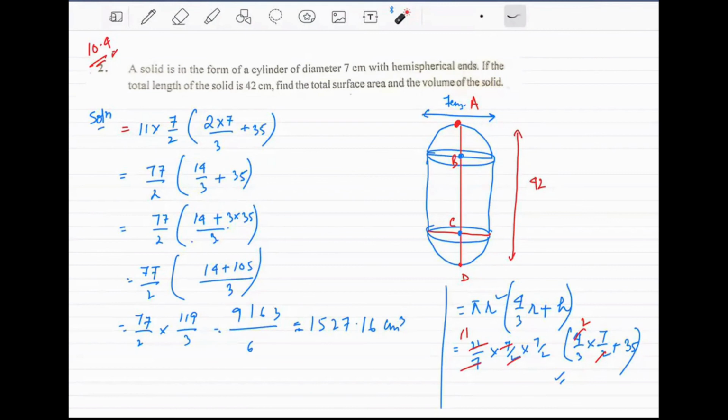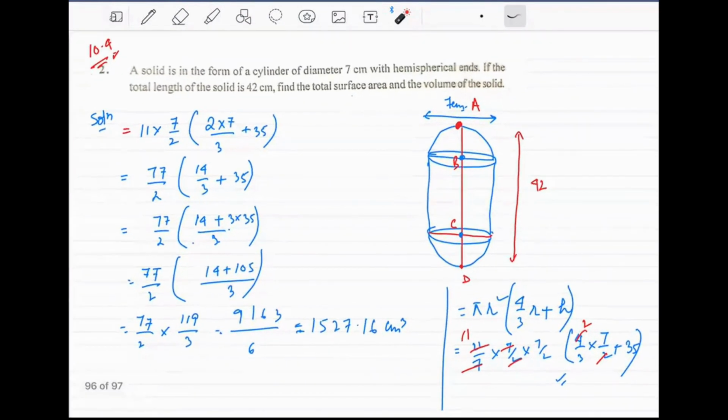The better way is you write the formula for everything else, like I just have done, and you take common factor. After taking common factor, we are left with this, right? And when you have the complete formula, you put in the value of R, R, H. That's it. That way, finding the volume or the surface area will be shorter and simpler.